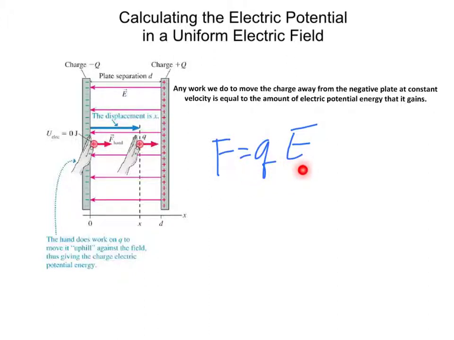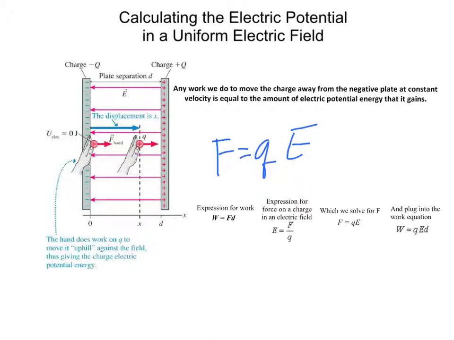This is the force that does work on the charge, changing the potential energy. So here's what we have. We have an expression for work: work equals Fd. We have an expression for the force on a charge in an electric field, which we solve for F, and plug into the work equation. So we get work equals QEd. So the work done on this charge is equal to QEd, where the Q is this charge.